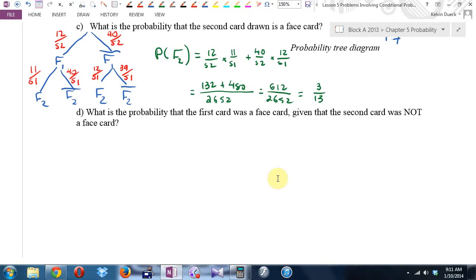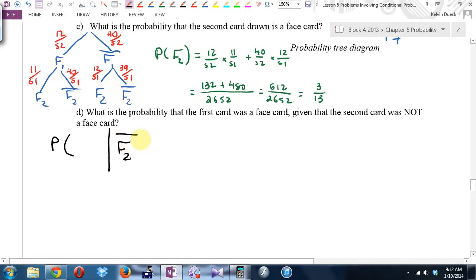Let's translate this into a formula. Cole, what's the given? What did they tell me that we know? Second card wasn't a face card. Not F2. What do they want me to find? Is that okay?